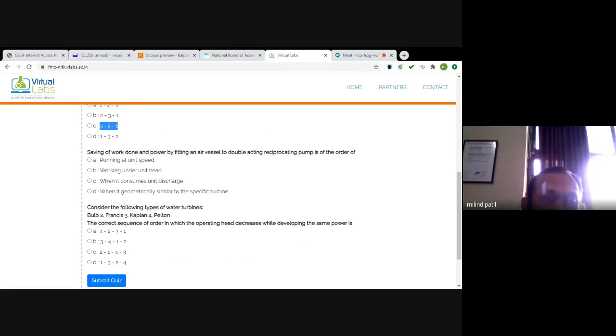Next question: saving of work done and power by fitting an air vessel to a double acting reciprocating pump is of the order of running at unit speed, working under unit head, or when it consumes a unit discharge, or when it is geometrically similar to the specific turbine.